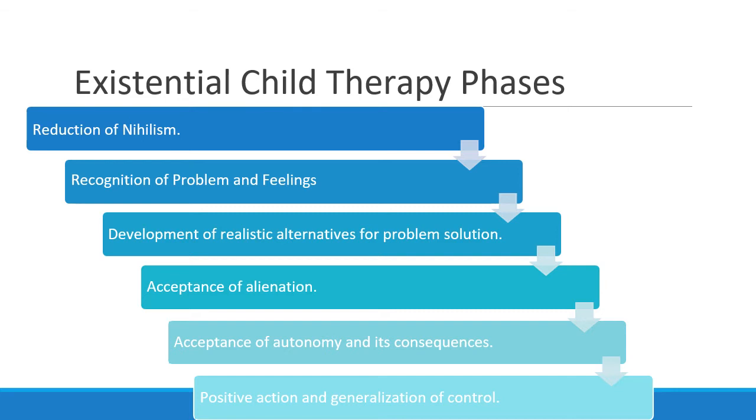All right, existential child therapy phases. I'm going to talk through a little bit on each one of these phases. So the first one is reduction of nihilism. Nihilism is a term in existential thought that refers to a sense of meaninglessness catalyzed by denying what's important to yourself and just defaulting on setting goals for personal growth. Inauthentic children enter therapy with a denial of their feelings and perceptions of reality.